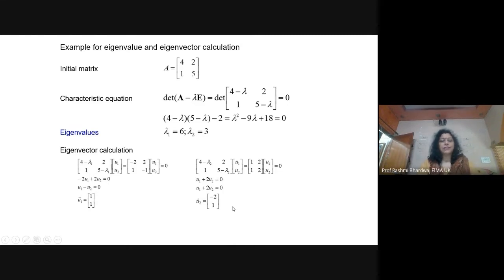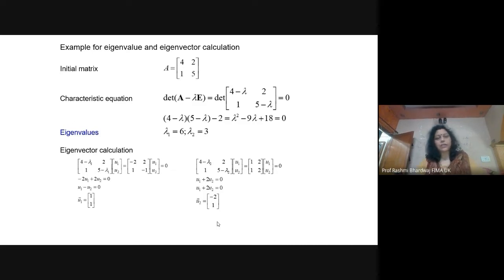As we discussed for engineering students, you are now easily able to find the modal matrix by writing the eigenvectors as 1, 1 and minus 2, 1, then the inverse, finding the diagonal matrix and the other ones. We have to check whether it is positive definite or indefinite, and accordingly we find the solution.